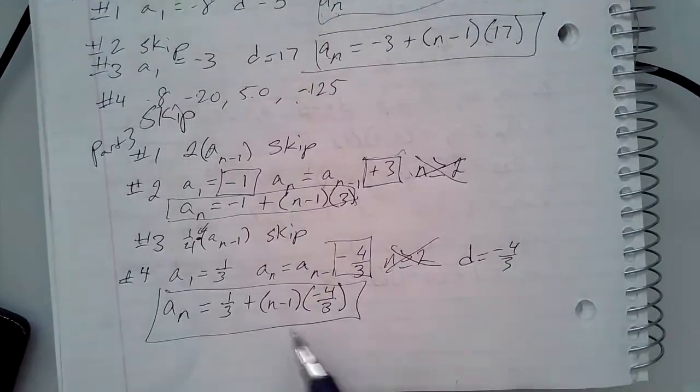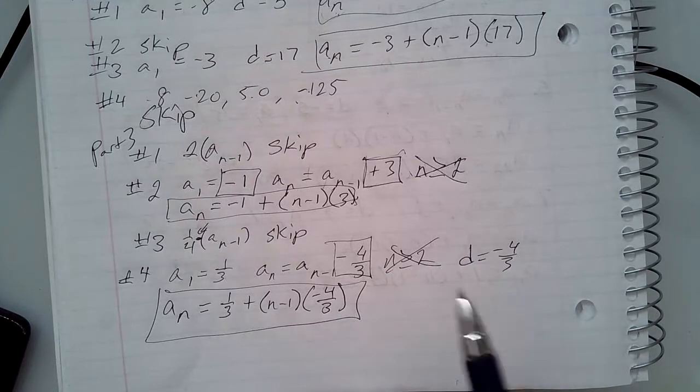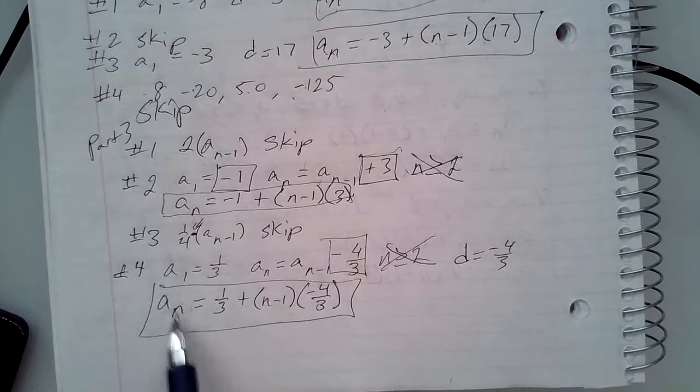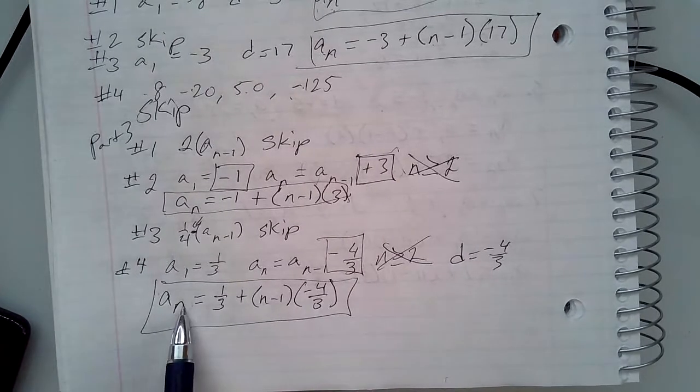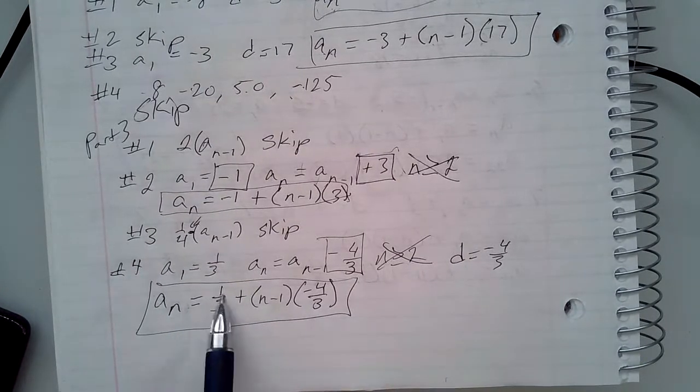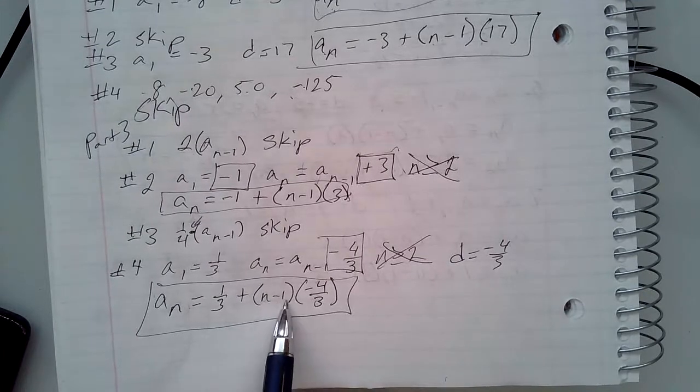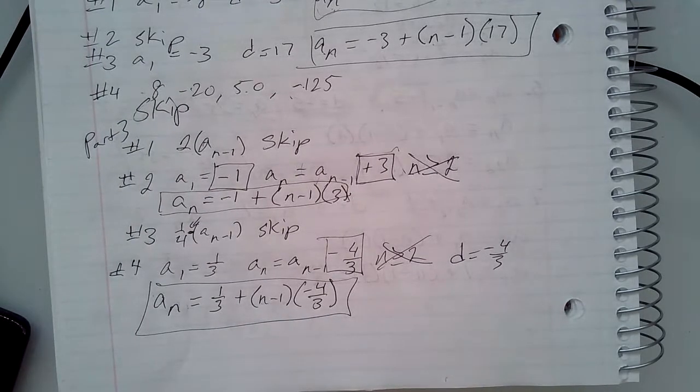If we want to find the 1,000th term, the 1,000,000th term, whatever term you want, we just plug in that number, whatever term we're looking for. Say, let's call it the 25th term. A sub 25 is equal to blah, blah, blah, 25 minus 1 times blah. Right? I hope that explains everything you need. And I will post a key for the worksheet today as well.